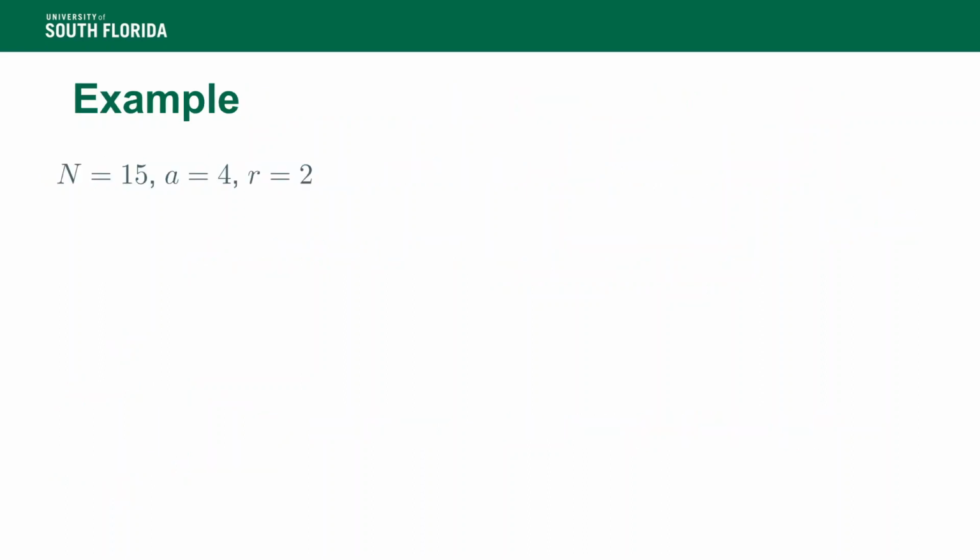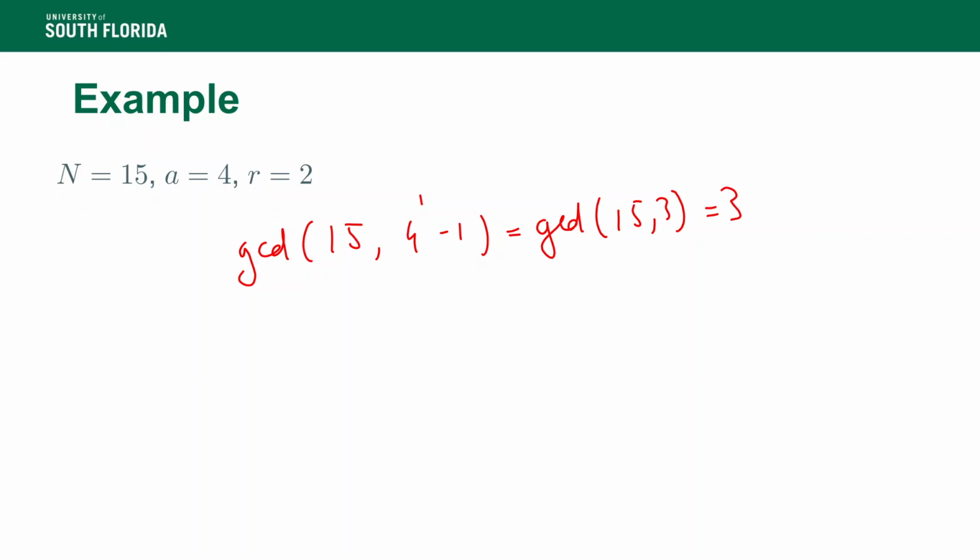So let's see this on an example. Here we have a equals 4, r equals 2. So the GCD of 15 and 4 to the r over 2, which is 1, minus 1, is the GCD of 15 and 3, which is 3, and 3 is a non-trivial factor of 15.